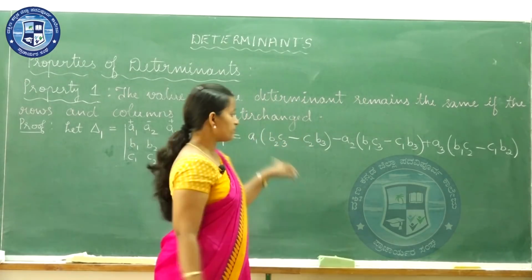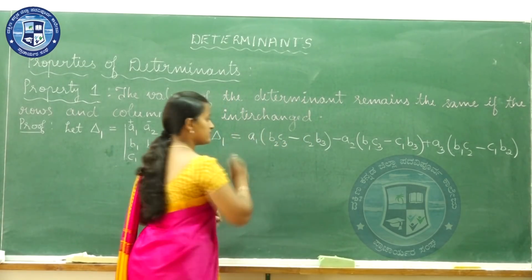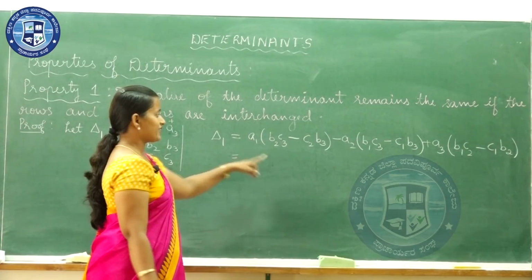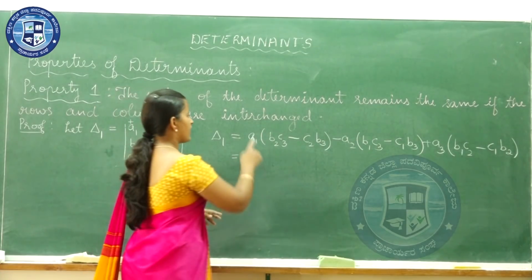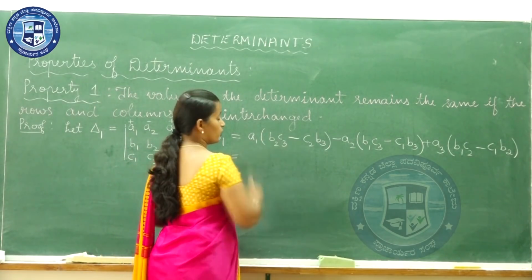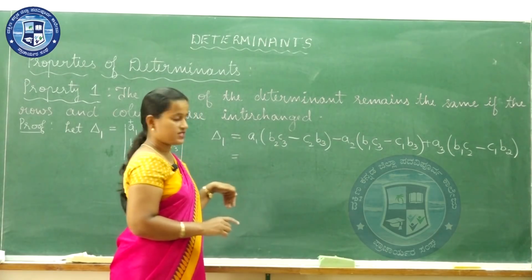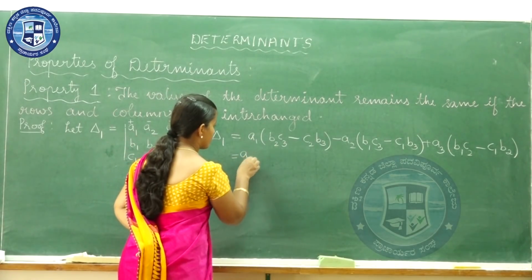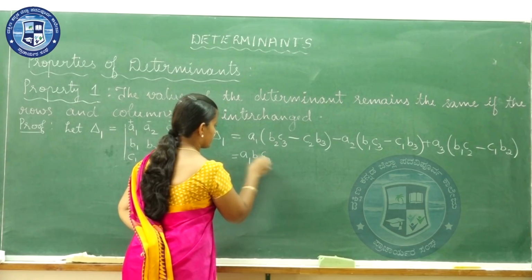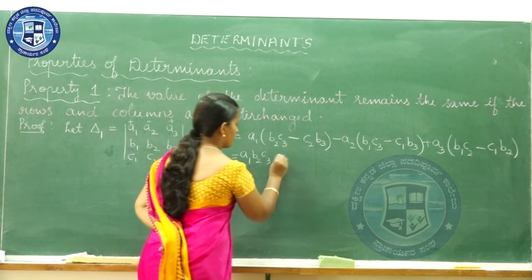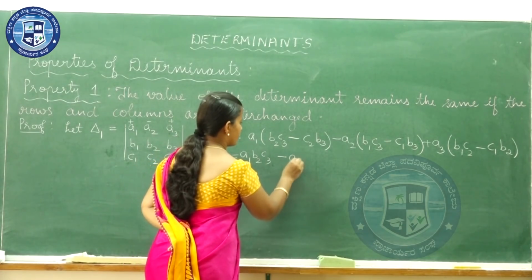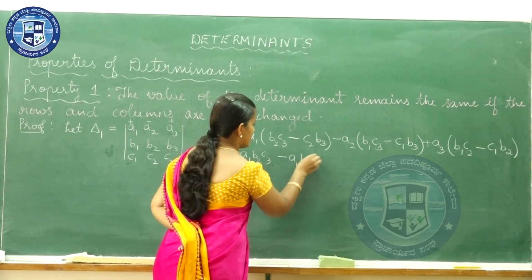Now I will open up the brackets and I will simplify this. When I write, I will take care. I will write it in the form A, B, C only, so that checking becomes easy for us. Okay. So A1, B2, C3, A, B, C, they are in order, minus A1, B3, C2.